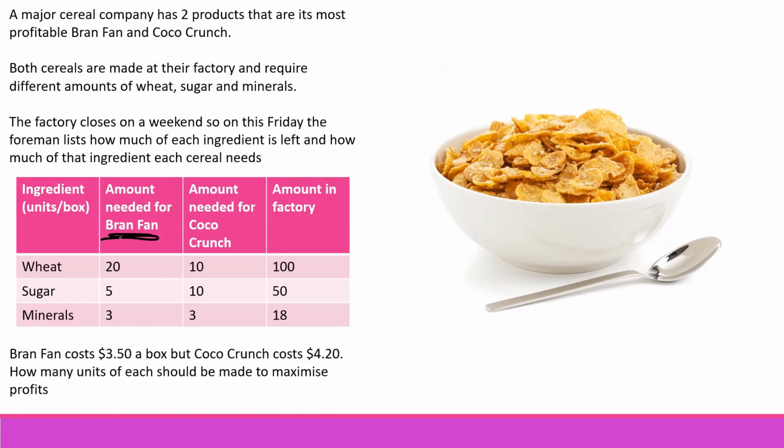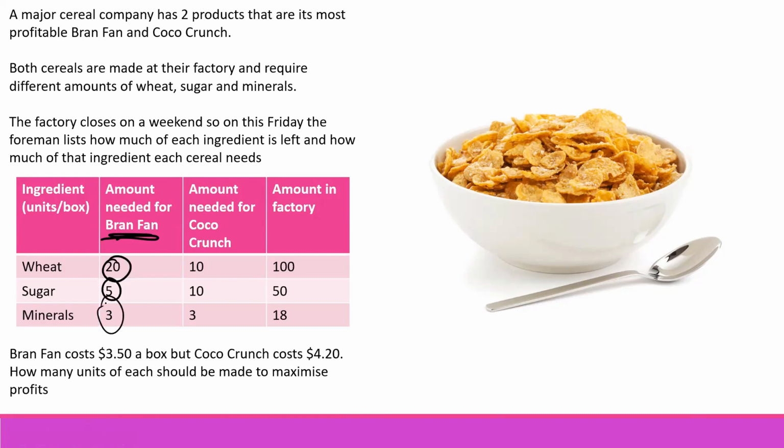Bran Fan, being made of bran, needs a fair bit of wheat, but you can see that Bran Fan doesn't need a lot of sugar, because it's probably the cereal that 40, 50-year-olds eat to keep themselves regular. And it needs some minerals, but not a lot.